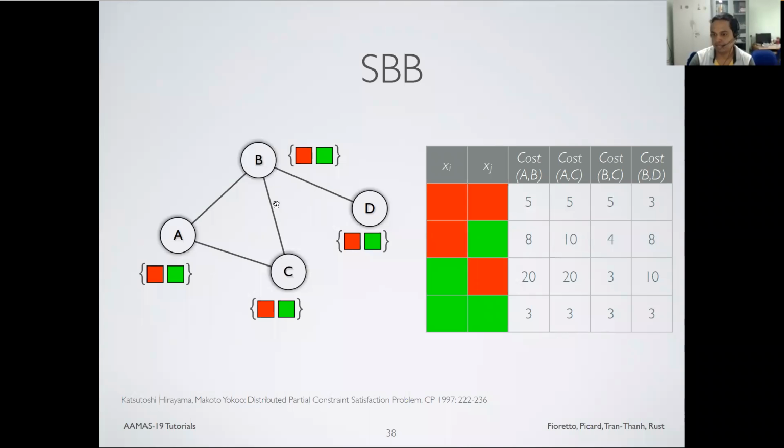For BC, if B chooses red and C chooses red, then it is 5. For BD, if B chooses red and D chooses red, it is 3. Next, xi, xj, for AB: if A chooses red and B chooses green, then it will be 8.